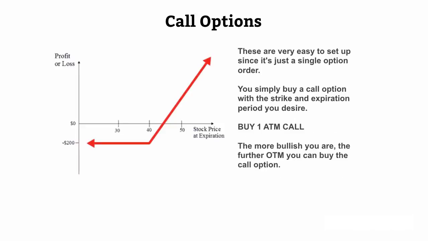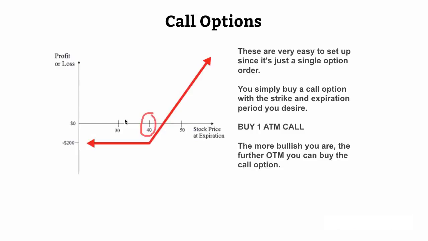These are very easy to set up since it's just a single option order, and that's what we're going to start with here as basics. You simply buy a call option with the strike price and expiration period you desire. In this example, you might buy a call option that's, say, at the money, or you might buy a call option that's out of the money if you're even more bullish. An at the money option would be if the stock is trading at $40, you would buy the 40 strike calls.